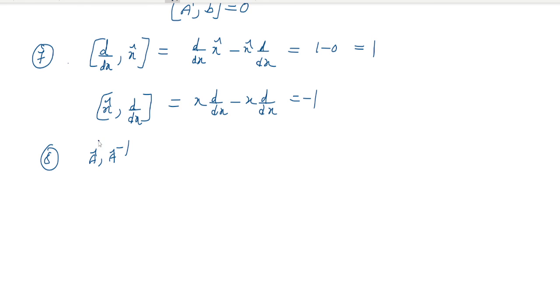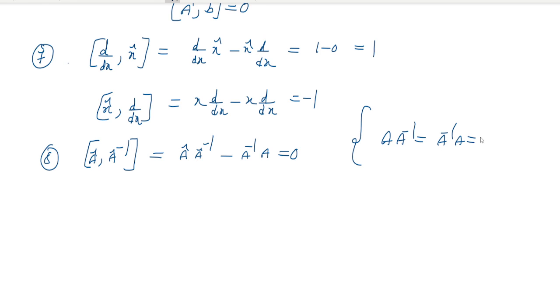So A inverse A minus A A inverse is equal to 0, because A inverse A equals A A inverse, which is equal to I.